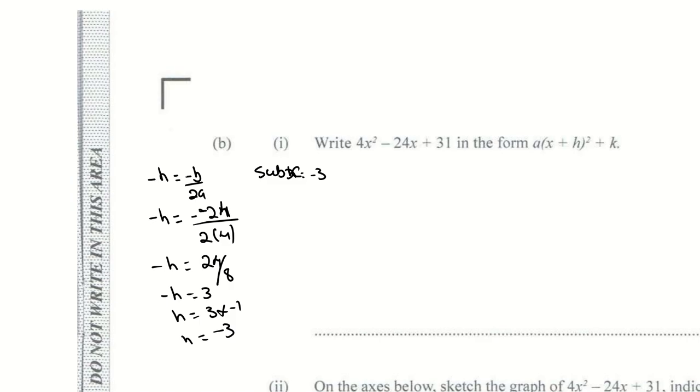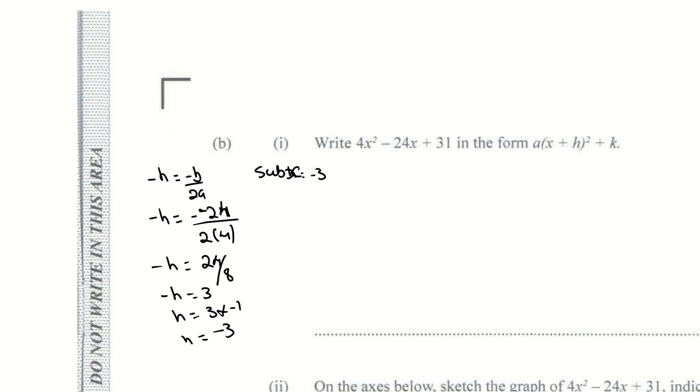Oh, something is wrong. 3 3s are 9. 4 multiplied by 9 is 36. 36 minus 24 by minus 3 is 100. Did I do something wrong?